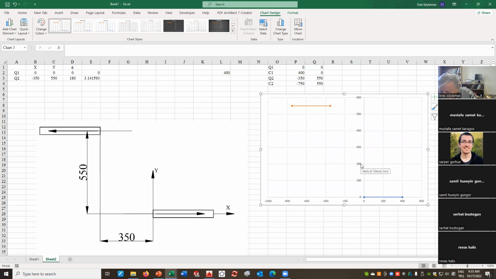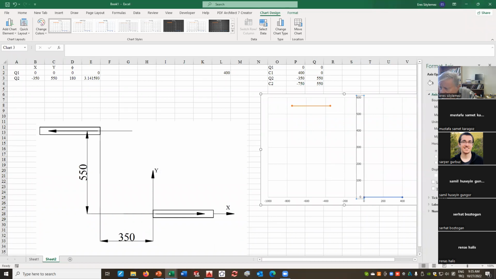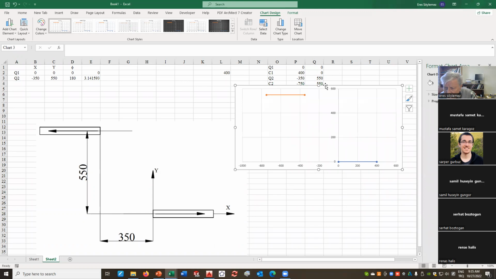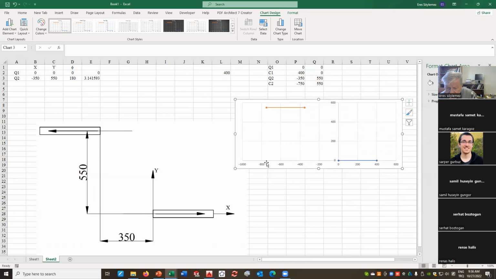Oh, I think I have to do that. Make both sides 200. For the time being, it's okay. I will be changing them later. Maybe I should do it like this.